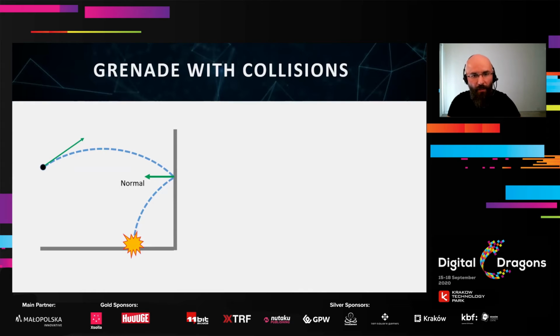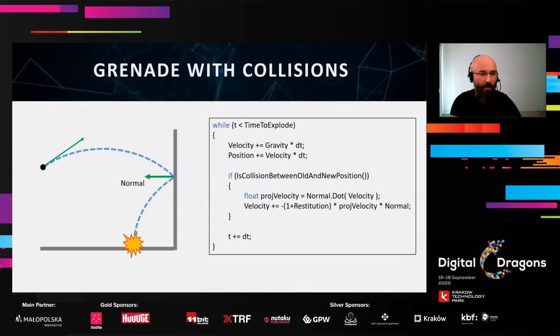Another case, much more complex, is when I'm throwing a grenade and I want to know where it's going to land after a few seconds. Usually in that case, I want to involve collisions. So here is a very simple loop showing how we can predict where the grenade is going to be after a few seconds. It's a very simple physical simulation, because that's basically how we should approach this problem.